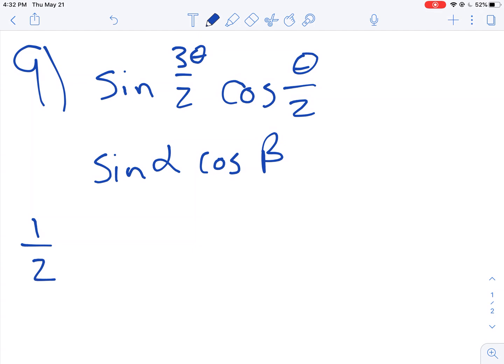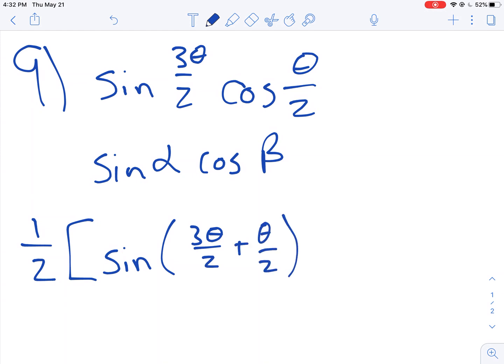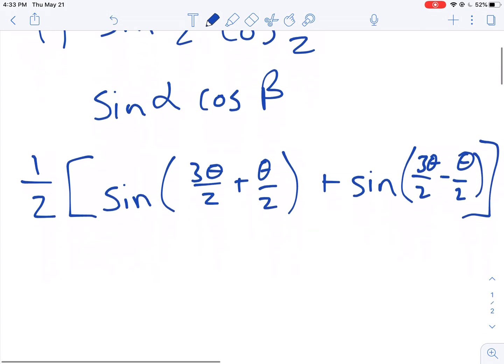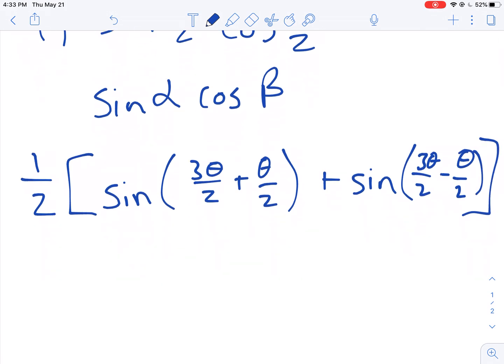This becomes 1/2 times the sine of 3 theta over 2 plus theta over 2 plus the sine of 3 theta over 2 minus theta over 2. Luckily, they're giving us really nice numbers here. They're giving us a common denominator.